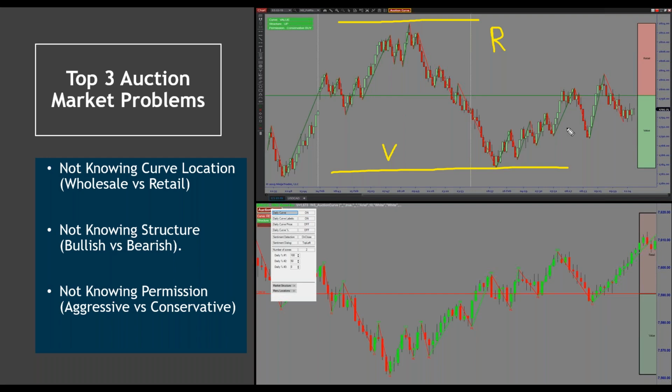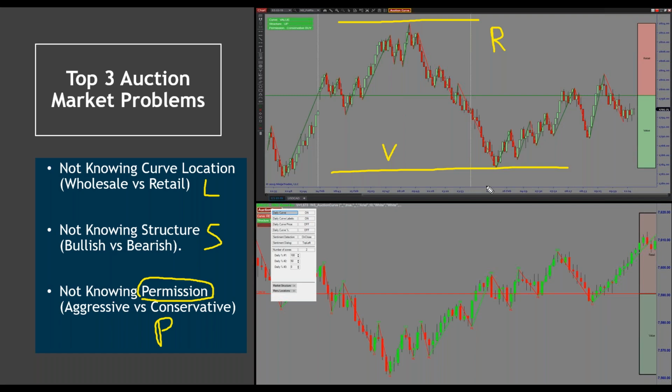But when you piece together location and structure, you get what we call permission. You should have a good understanding of what you're about to do before you do it. If you get into the market and you don't know why you're buying or selling, you haven't given yourself permission to do something.